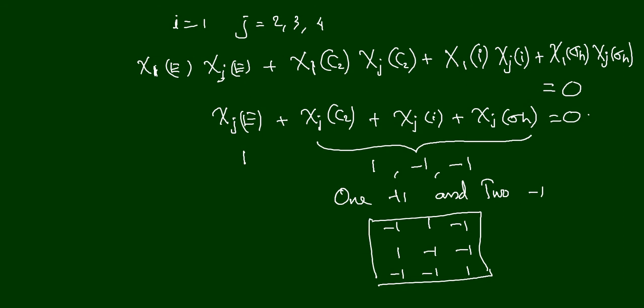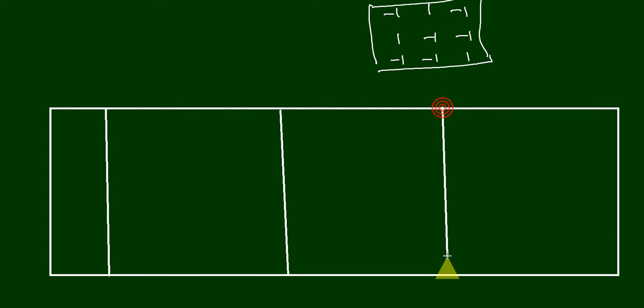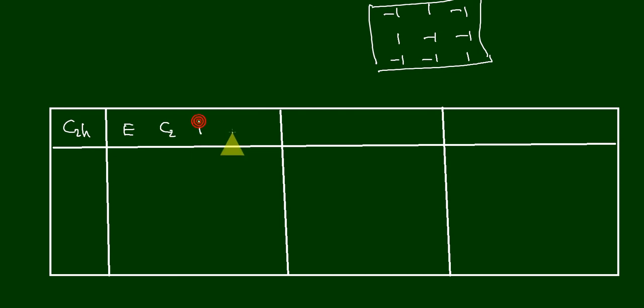So let us expand our character table by filling these remaining 9 elements like this. Let me draw the character table here now, a better character table. Here I have one area, and then one area here. The other areas we will fill, area 3 and area 4, and here I can write C2h, here I can write E, then C2, i, sigma h.